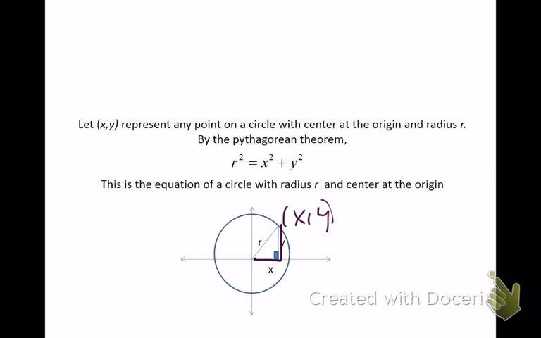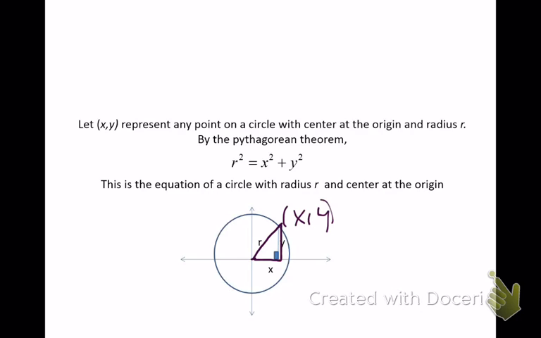Which means that now if you wanted to find the radius of the circle, which goes from the center to that point, you could just use the Pythagorean theorem. R squared equals x squared plus y squared. And so that would be the equation of a circle whose center is at the origin.